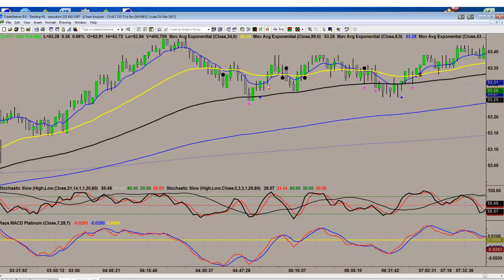That dot is a reminder to me as an instructor. We have the low underneath the 89. This little plus here is that we have a close above the 8 exponential. That is our trigger for the 89B.